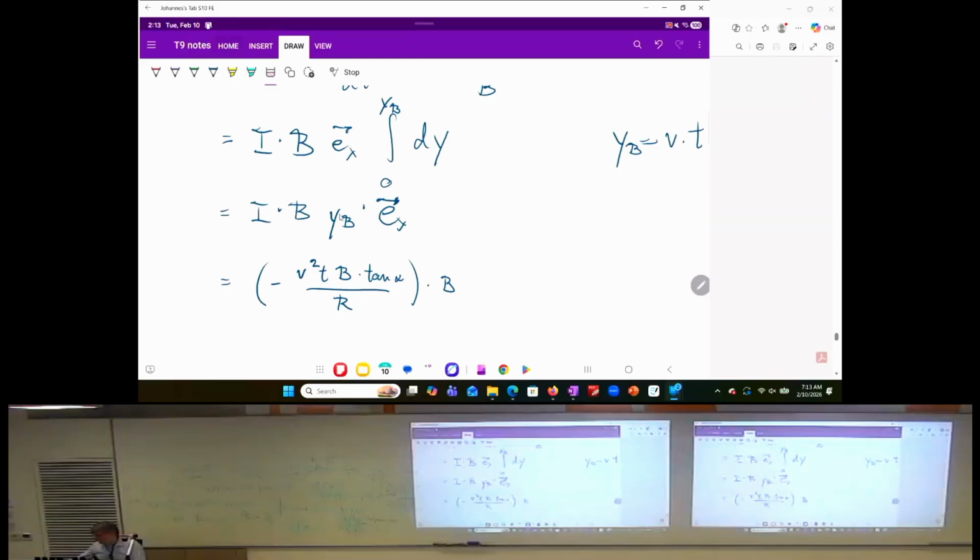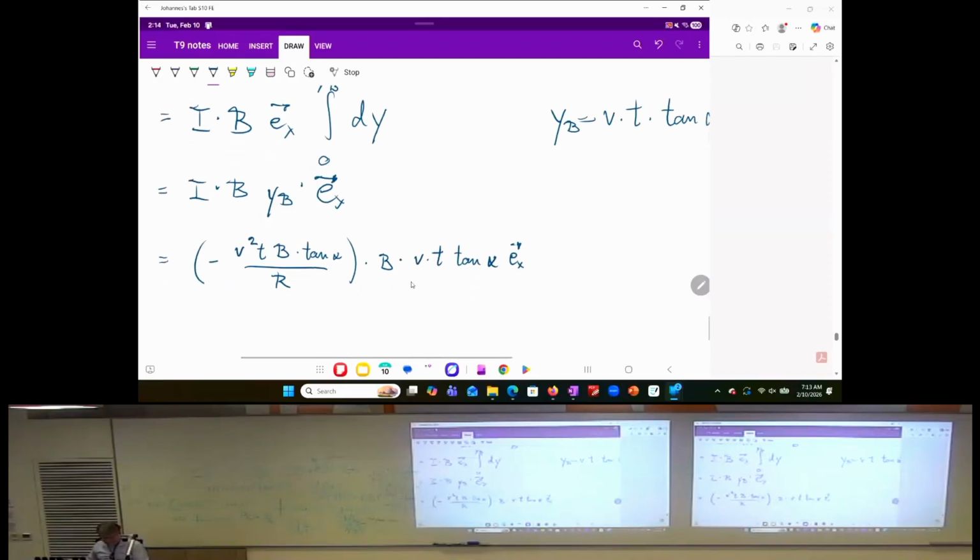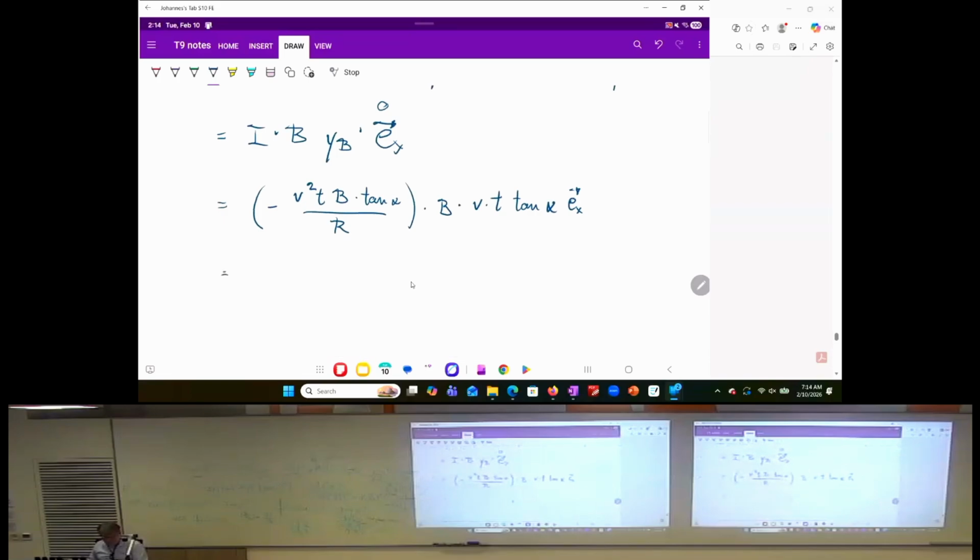And now we plug in also the yb, which we have here on the side, that is v times t times tangent of alpha, in the ex component. So that's all that it takes.